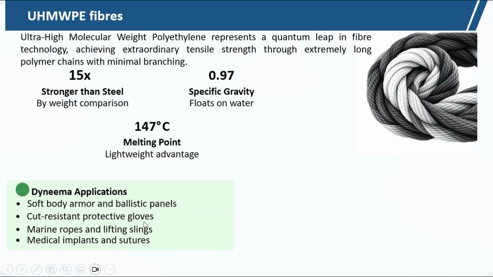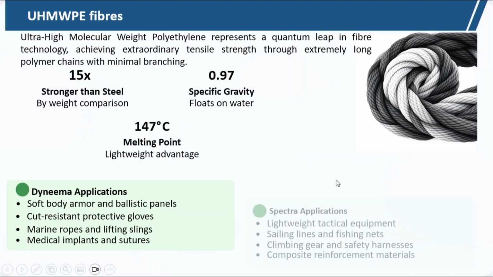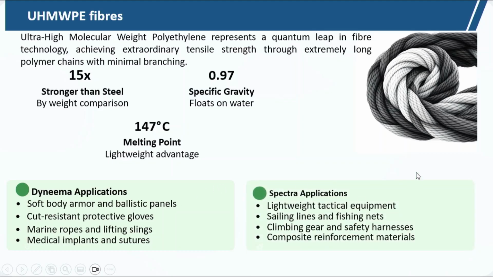Cut resistant gloves we can use, marine rope and lifting strings. So, due to its strength and the low specific gravity, it floats on water, it is lighter, stronger, that is why we use it in marine rope. Okay. And medical implants and suture, because it does not react easily. So, that is why we can use it as a suture, it does not degrade easily.